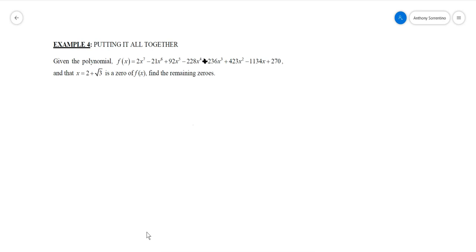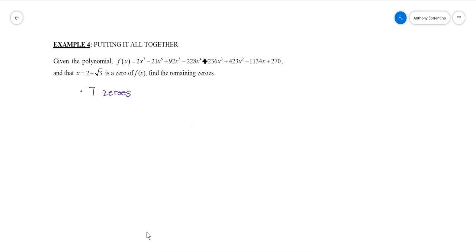So a couple things I know about this function based off of the rules we've established so far, and I'm going to list them right here. First, based on the degree of the polynomial, I expect to see 7 zeros.